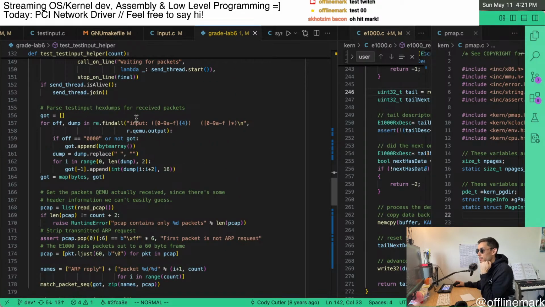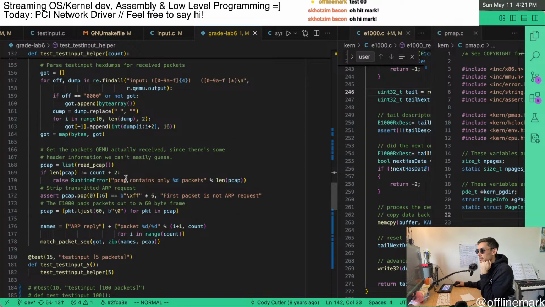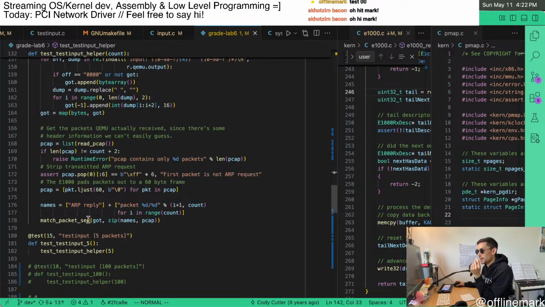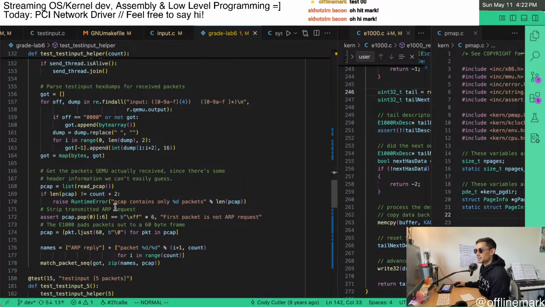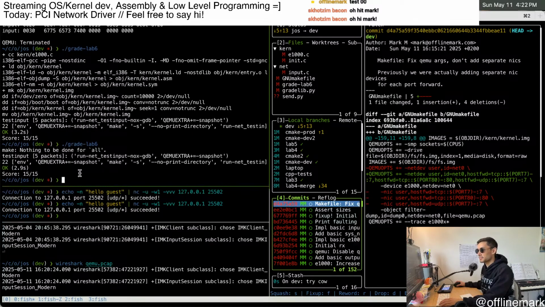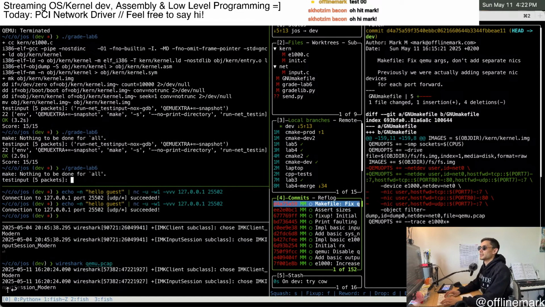It's going to parse the PCAP file and confirm a few things: that the ARP request and response is there, and then it's doing some checking on this packet string thing. What's up, Bacon? Nice to see you. So anyway, we're officially passing those tests, which is a good thing.